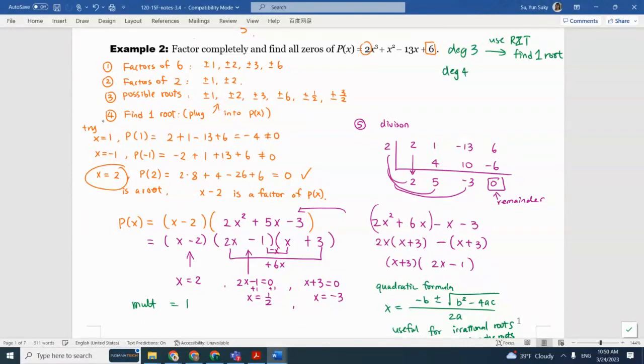If you have a degree 4 polynomial, you need to use the rational zero theorem to find 2 roots. Is that clear, everybody? Yeah, so you have to keep going until you find 2 roots. Then your P of x will be those 2 linear factors, and then for the remaining one, you use observation or synthetic division. Okay, so we will continue on Monday.